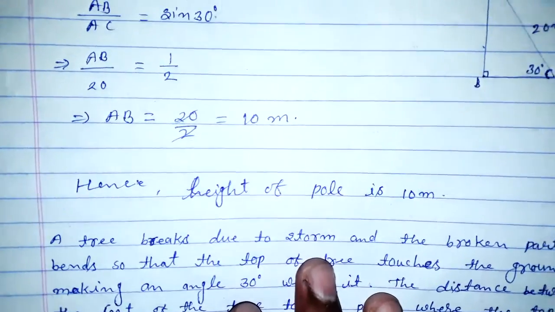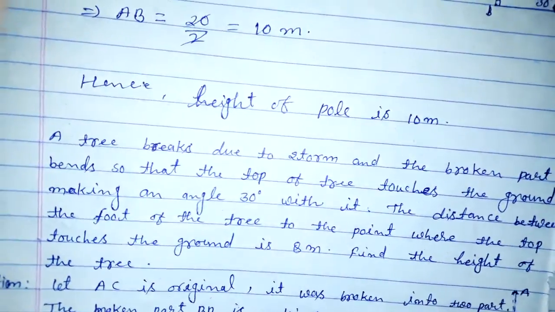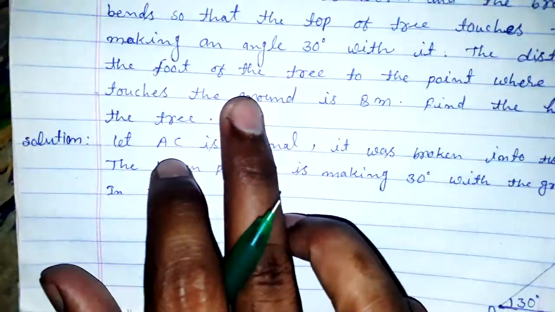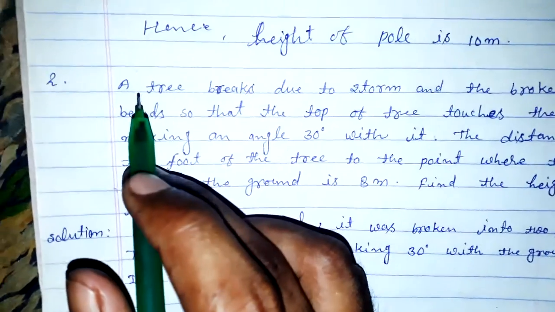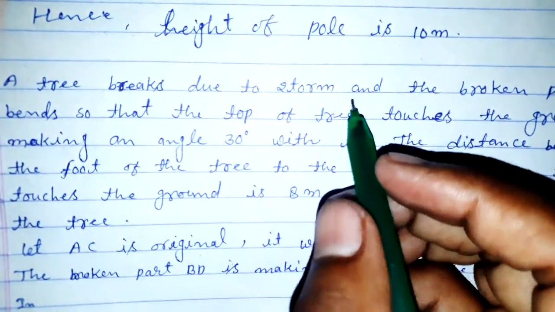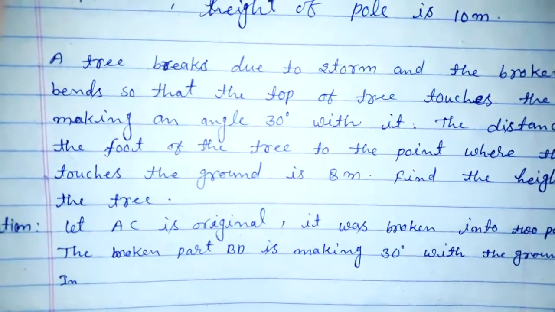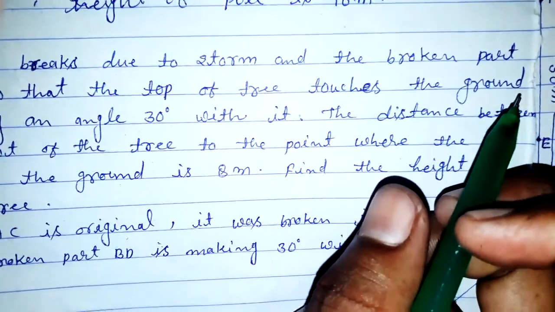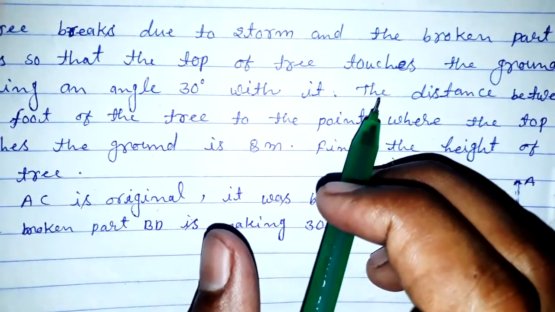Next question, second question. A tree breaks due to a storm and the broken part bent so that the top of the tree touches the ground, making an angle 30 degree with it.